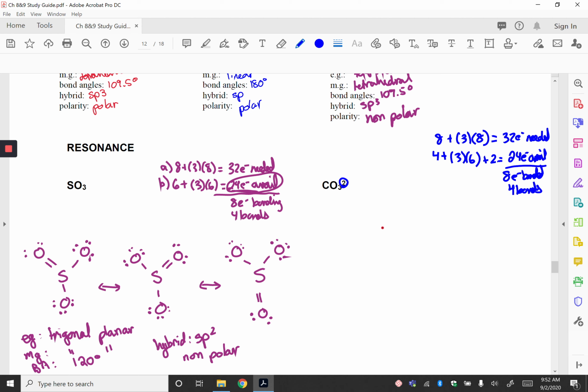Divide by 2. So then you draw your carbon. You have 3 oxygens, so put 1, 2, 3. Connect everything once, and then you've drawn 3 bonds, but the math says 4 bonds. So now, just like this one, you have 3 options. So I'm going to draw 3 of these.